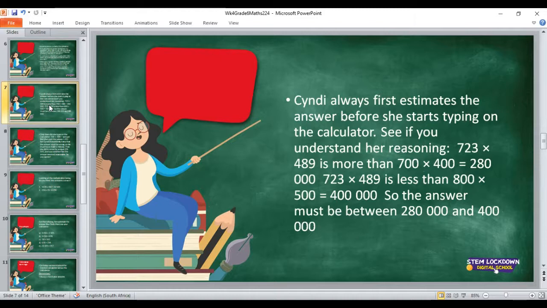Now here Cindy also rounds off by saying, okay, 700 is less than 723 and 400 is less than 489, and then she estimates the amount that is above, which is 800 multiplied by 500. So now she already knows that my answer should be between 280,000 and 400,000, between these two amounts.